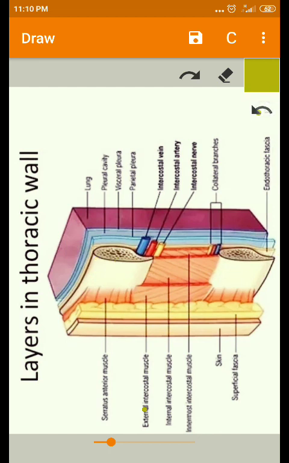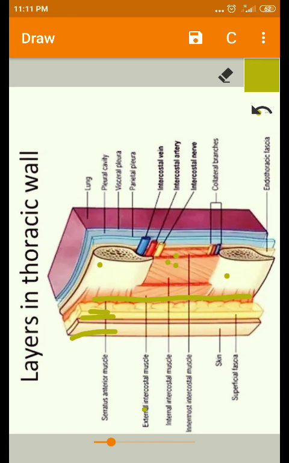So these are the layers in the thoracic wall. The first layer is skin, superficial fascia, deep fascia, and then the extrinsic muscles, and then the thoracic wall proper. In the thoracic wall proper, we have the ribs and the intercostal space. These intercostal spaces are filled with intercostal musculature and contain intercostal vessels and nerves.